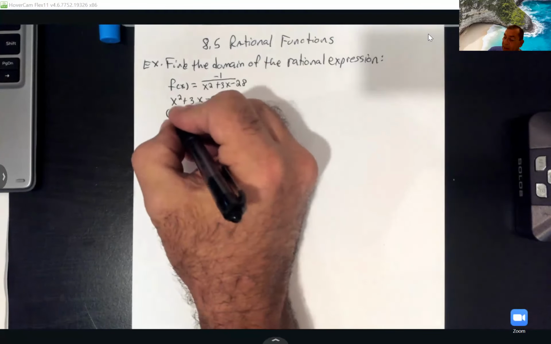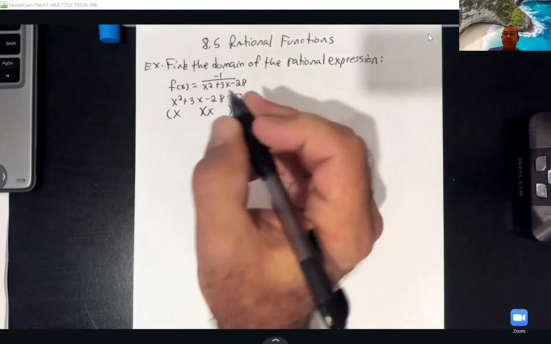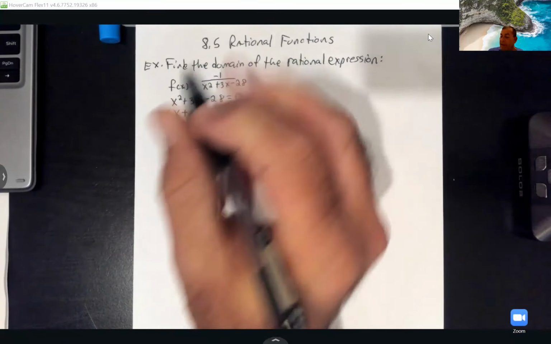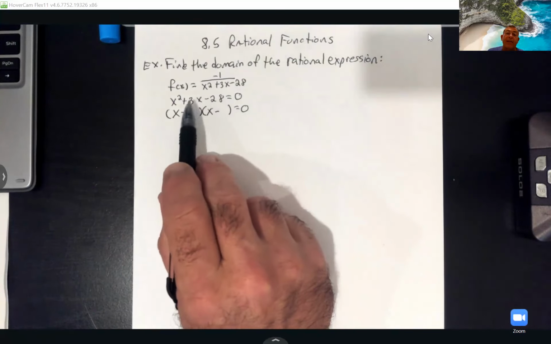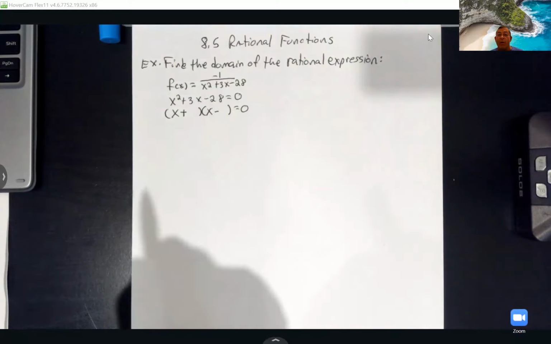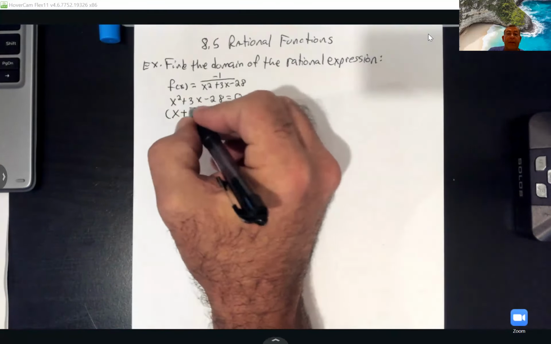So x squared will give me an x and an x. Since the last number is negative, these will have unlike signs. And then factors of 28 that'll subtract to give me 3 would be 7 and 4. So since 7 is larger, it's got to be positive like the middle number.